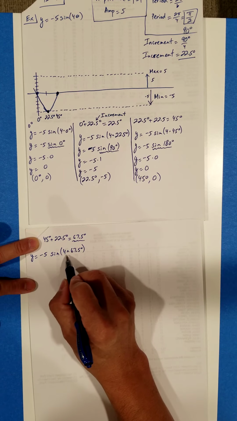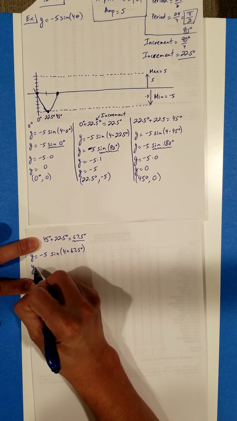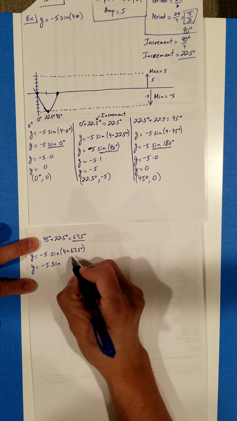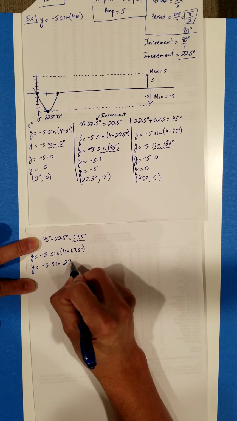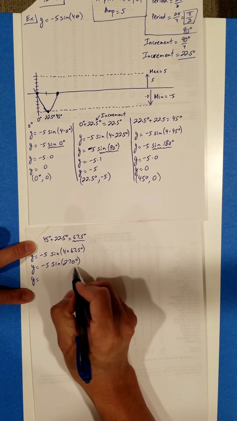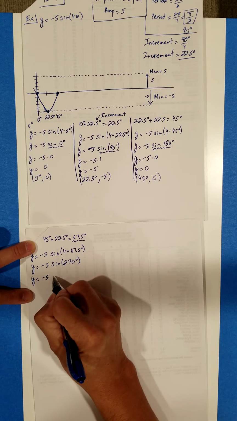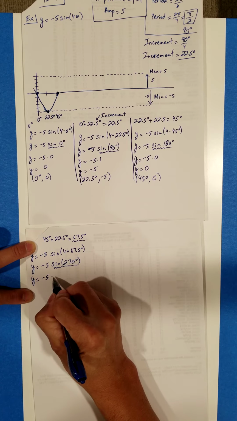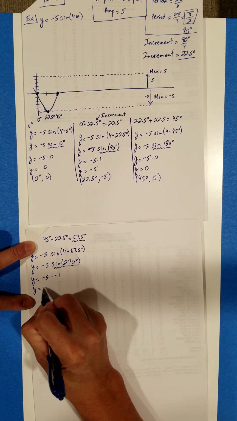But when you plug it in and you multiply by 4, you get y equals -5 sine 4 times 67.5 is 270 degrees. And good thing is it comes out perfect, right? So we get -5 sine of 270, flashcards, calculator, is -1. So y equals 5.